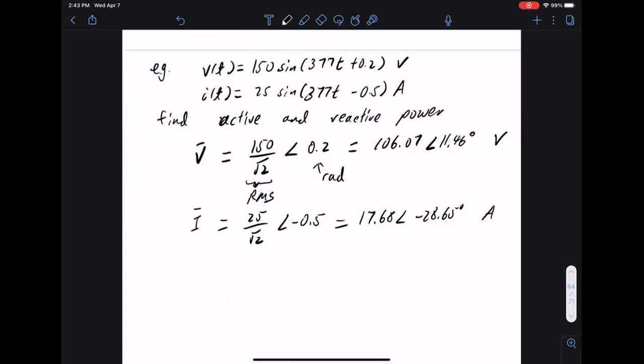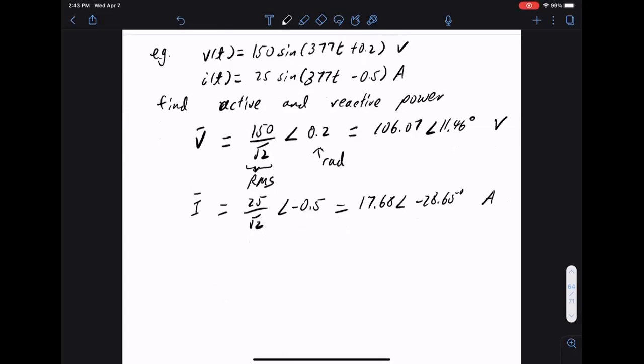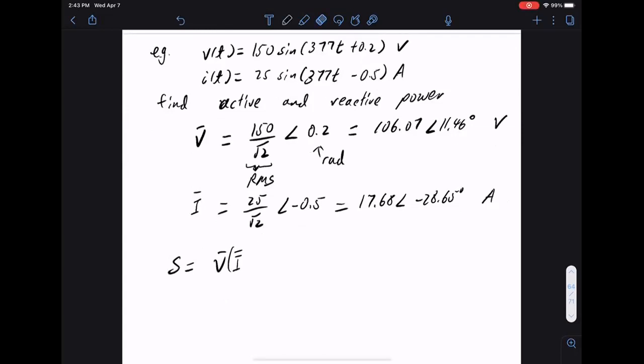So now when we find the power, this is pretty easy, right? Our power is complex power, S equals V I star, conjugate. So this is 106.07 angle 11 degrees times 17.68. I'm conjugating this, so I flip the sign on the angle.